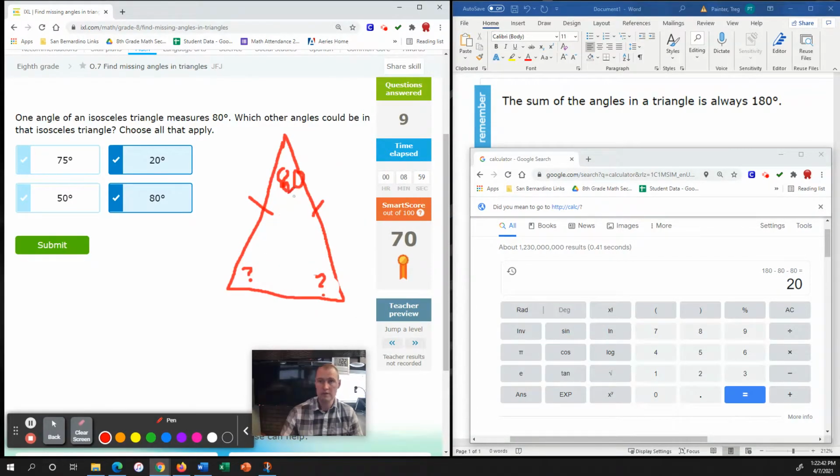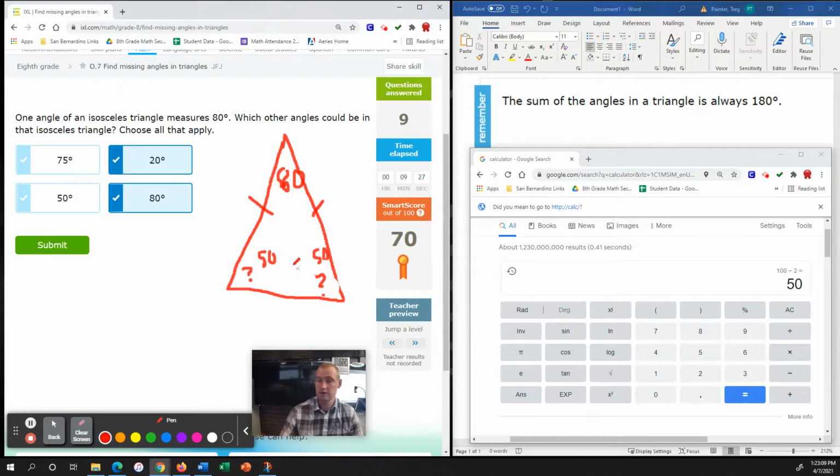To find that, we take 180 degrees in a triangle, subtract 80, and divide by 2 to give the 50-50 split down here at the bottom. So we got 180 minus 80 equals 100. That one worked out really nicely. And 100 divided by 2 gives us our last case scenario of 50 and 50.